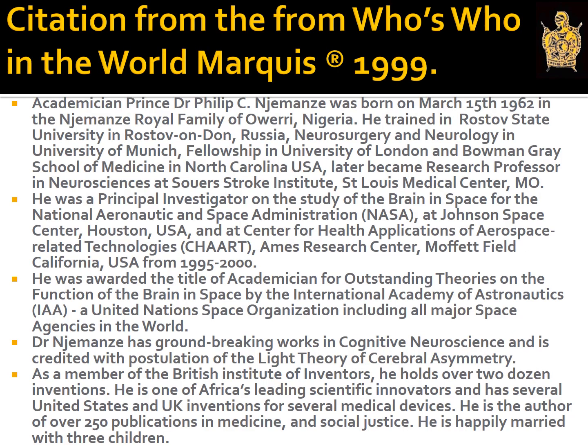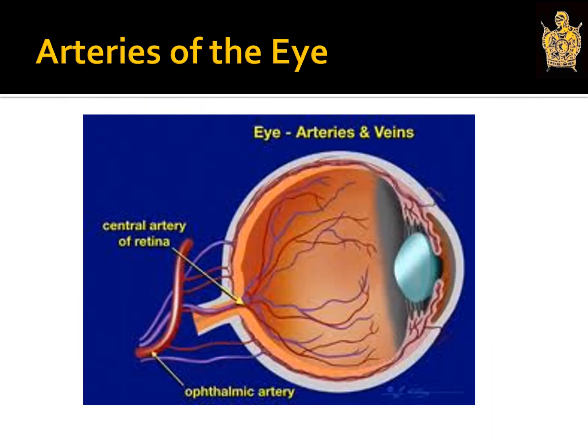My citation is given in this slide too. We can see the arteries of the eye. The main artery is the central retinal artery that goes directly to the eyeball and is supplied from the ophthalmic artery, which is a branch that comes from the main arteries of the brain, of the circle of Willis.